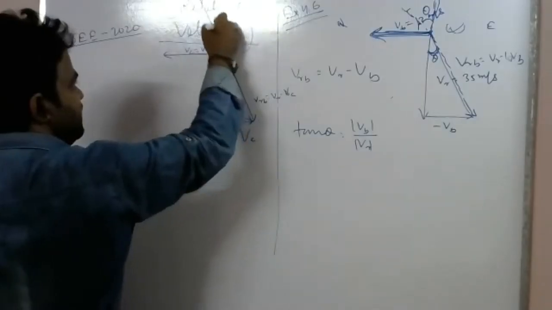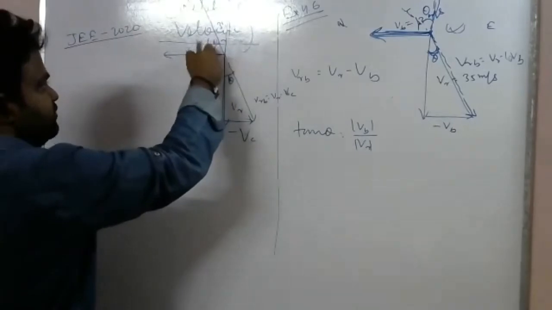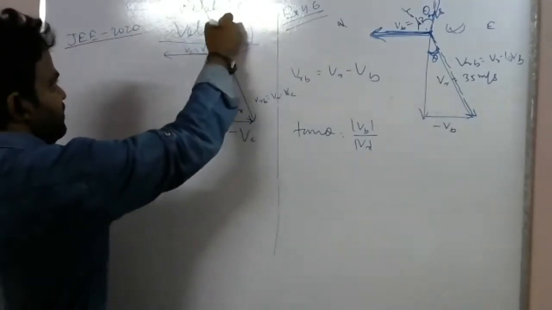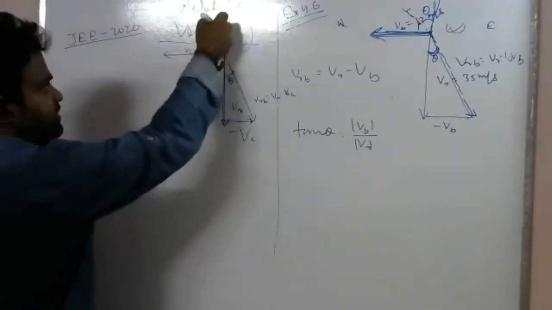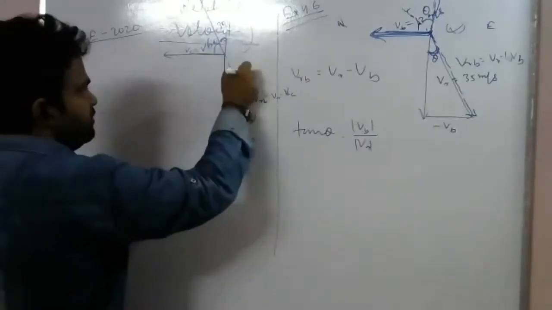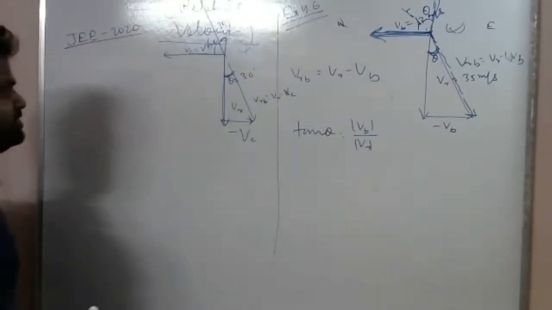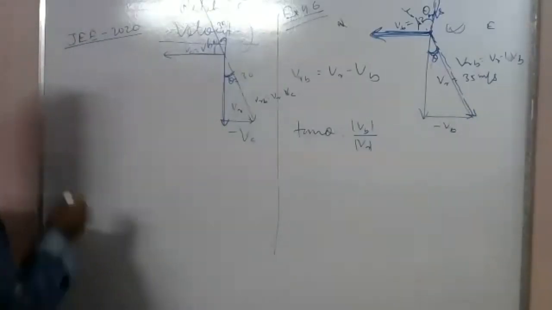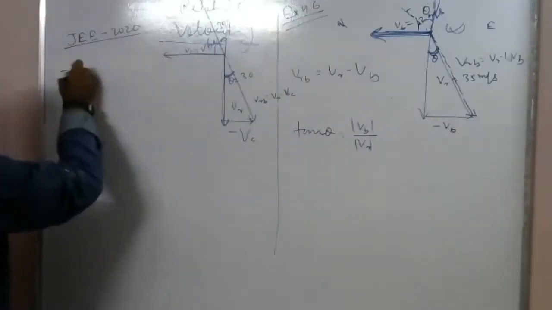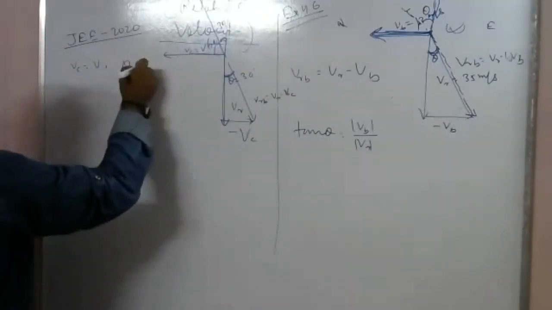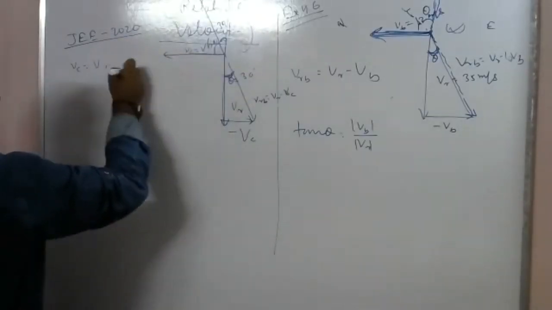Then how much with the vertical? 30 degrees. If it is making 60 degrees with the horizontal, then with the vertical it is 30, since 60 plus 30 is 90. Then if this is 90, this theta will be 30 also. Now you are getting the angle 30. We got theta, now the work is easy. When VC is V, theta with the horizontal is 60, that means our theta is 30.